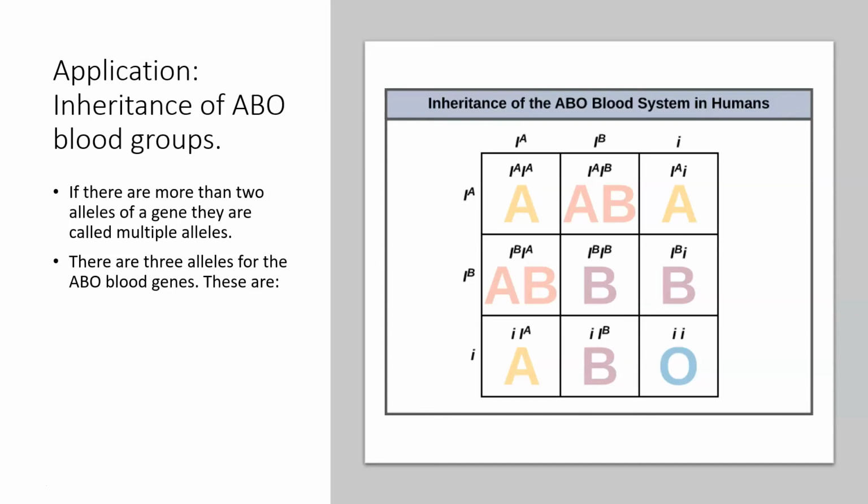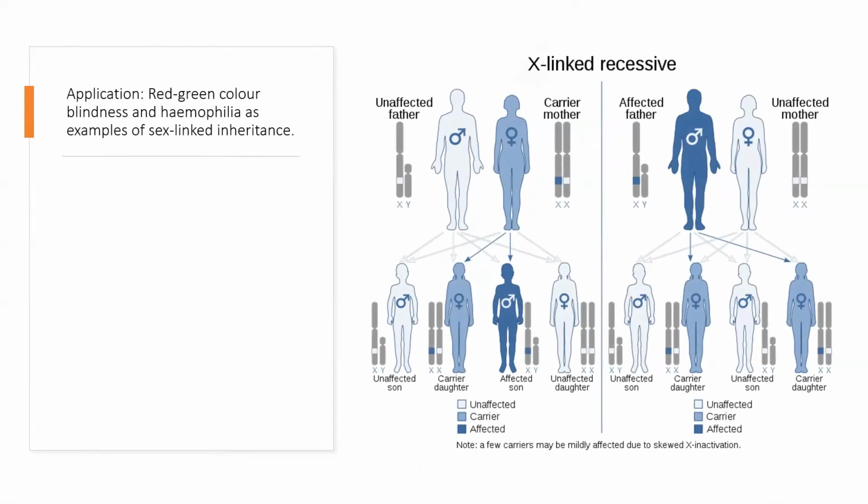So we're seeing that inheritance is not as straightforward as it looked. There are 3 alleles for ABO. We've got the A allele, which is IA, the B allele, which is IB, and then the O allele, which is our lowercase i. I'm just going to go back to that blood group.